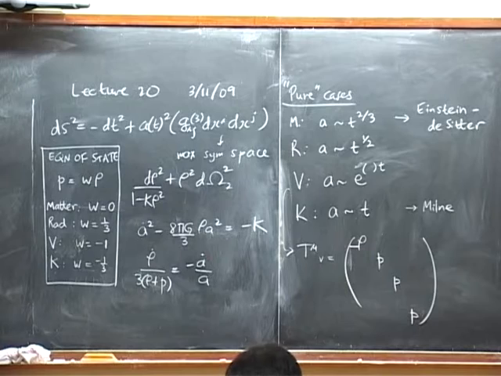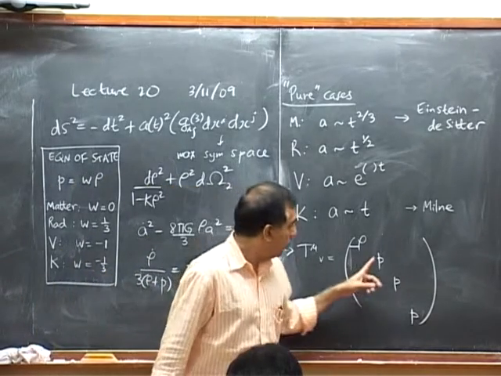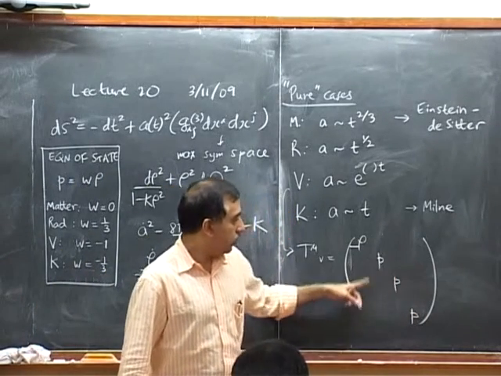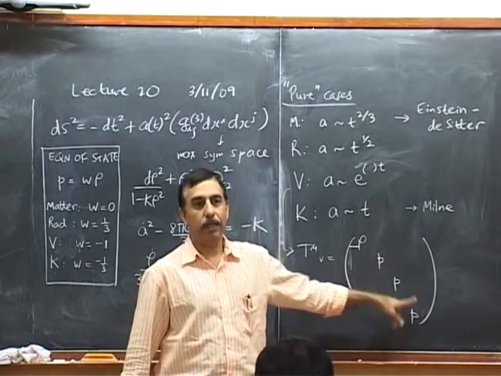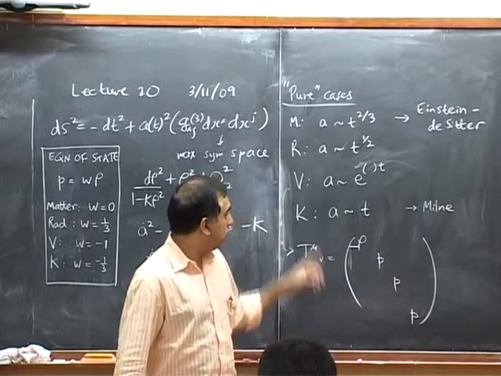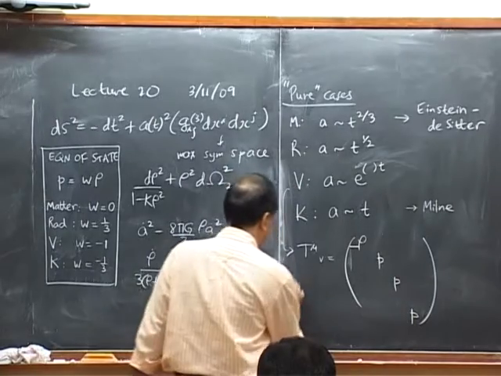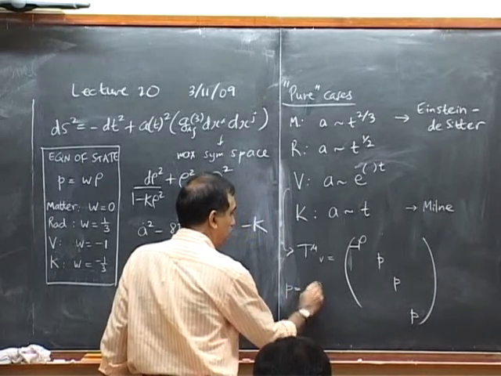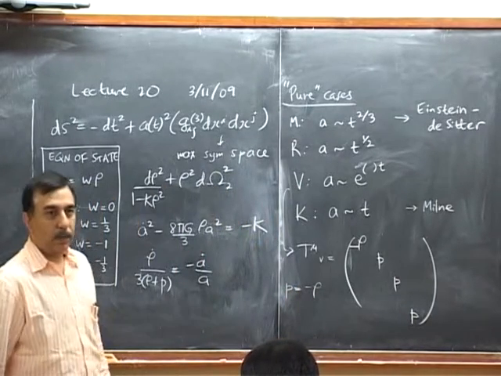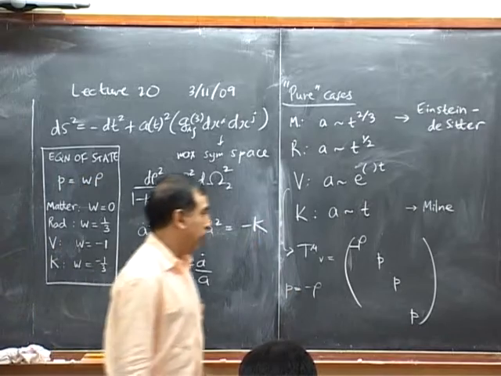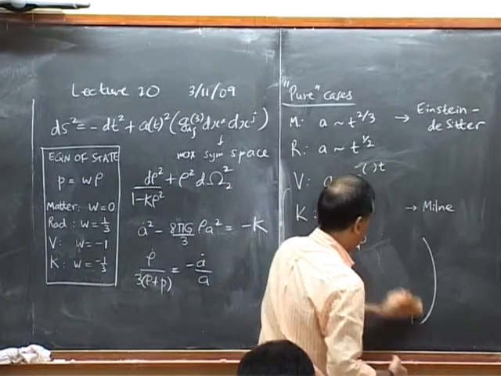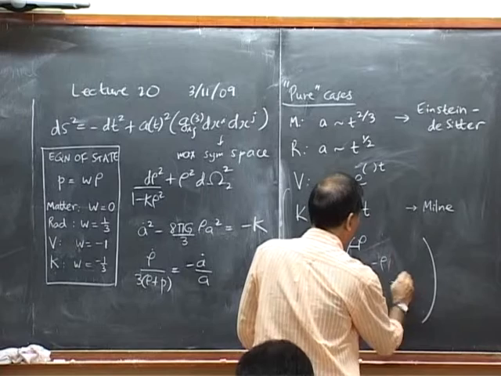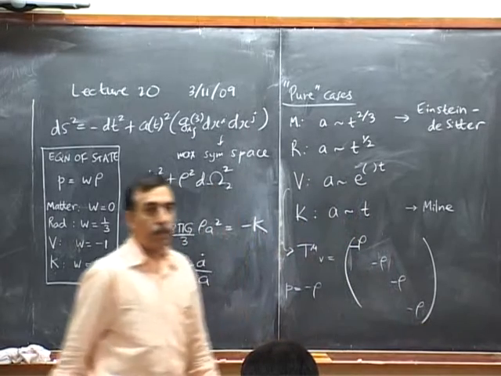Good. This was the basis why we said there should be a nice isotropic solution, because the space part is proportional to identity, 3 p's. But in the vacuum case, P is equal to minus rho, the equation of state, so this thing is really minus rho, minus rho, minus rho, minus rho.